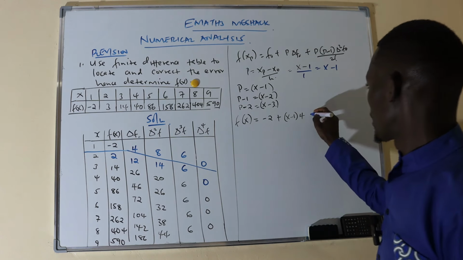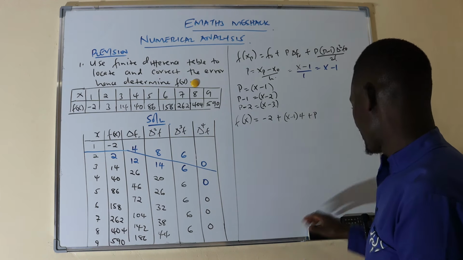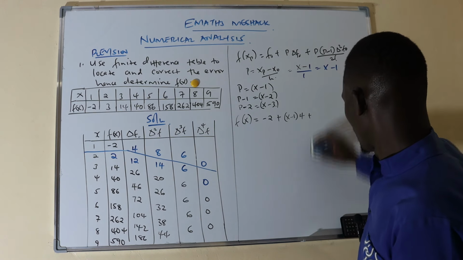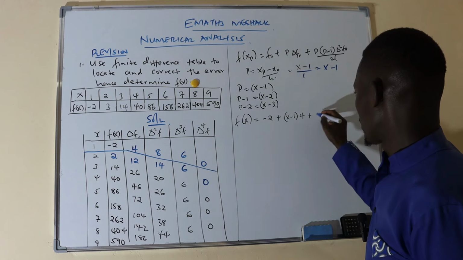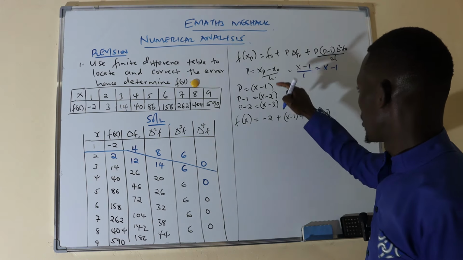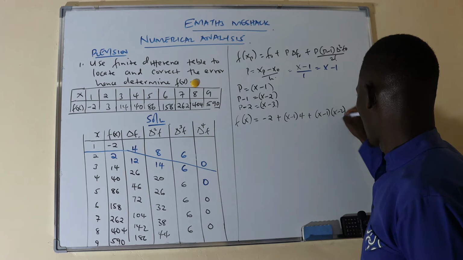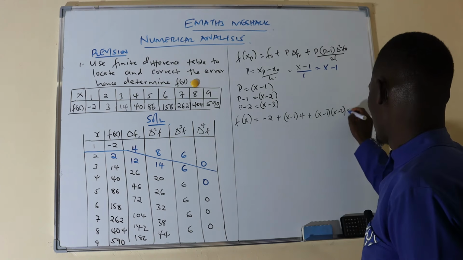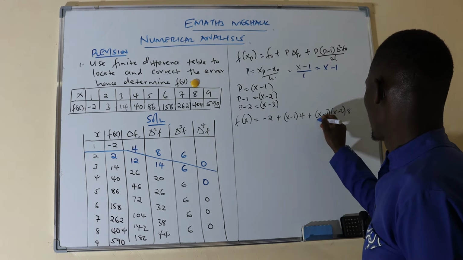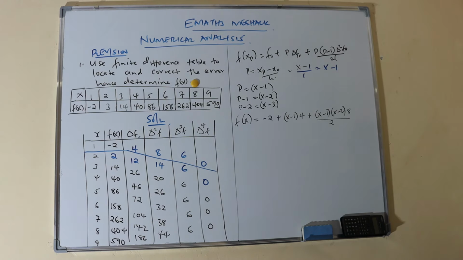Then we have our value of p, which is x minus 1, and p minus 1 is x minus 2. Our second difference is given by 8, all over 2 factorial, which is just 2.